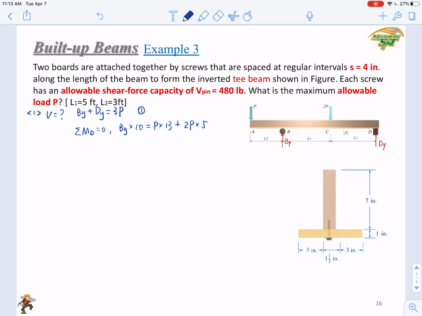This is equation 2. So you can easily solve that By is 2.3P and Dy is just 0.7P.